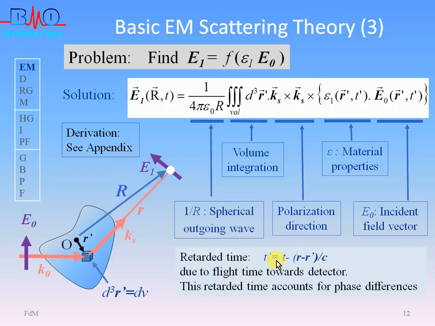T prime stands for the retarded time, t minus r prime over c, and that takes into account the various flight times from various parts of the scattering volume to the detector. It accounts for phase differences, in the form of an exponential with Ks minus K naught times r minus r prime.